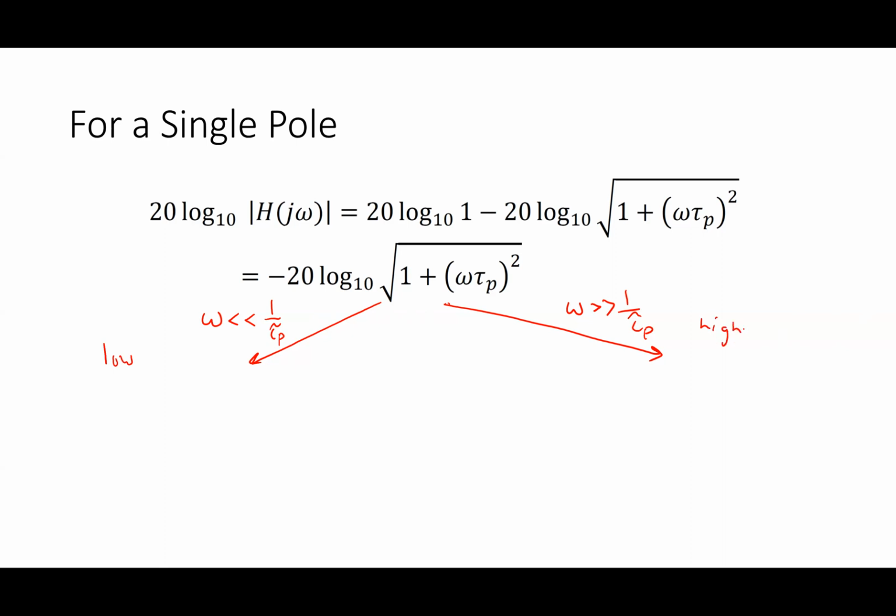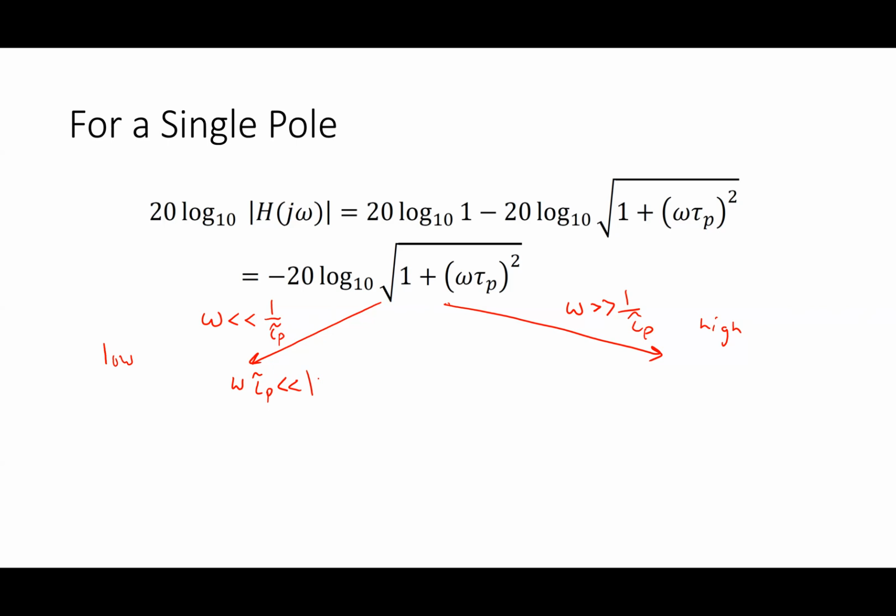All right. Now let's think about what happens here. So if omega is much less than 1 over tau p, that means that omega tau p is much, much less than 1. All right, so if I look at what's under that radical sign, I have 1 plus something that's much, much less than 1.